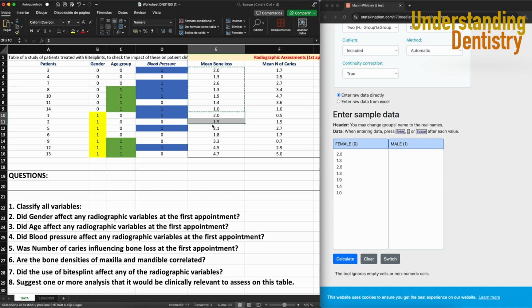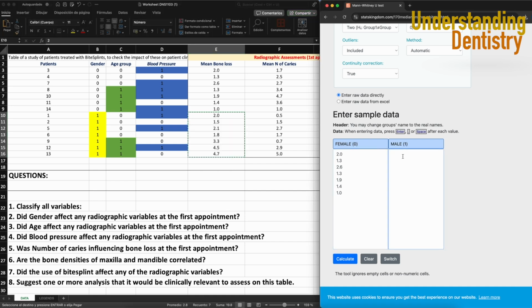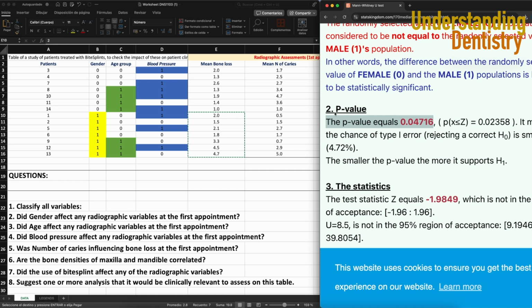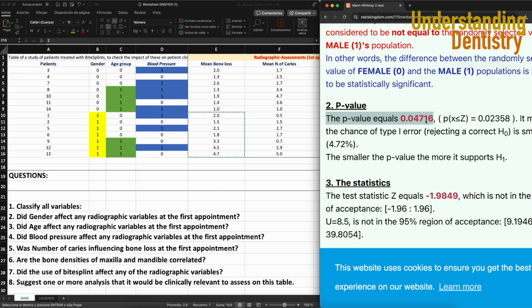So I select only those final cells here of bone loss, the other half, Command C or Ctrl C, and then Command V or Ctrl V. And then I will press calculate. Take a look at this. I did a zoom for you guys to see better. The p-value equals 0.04, which means that the difference between the genders is significant.